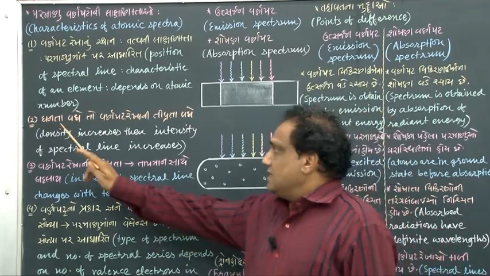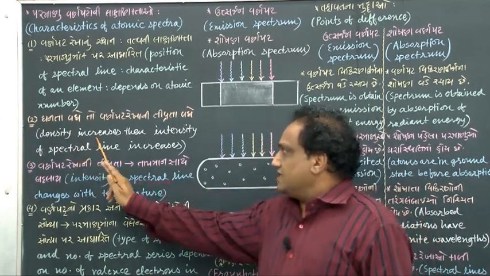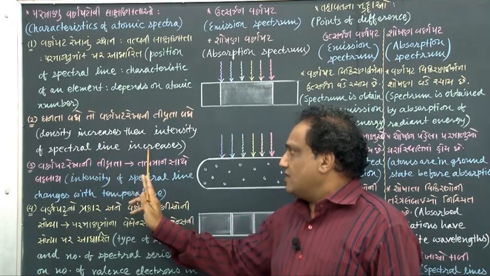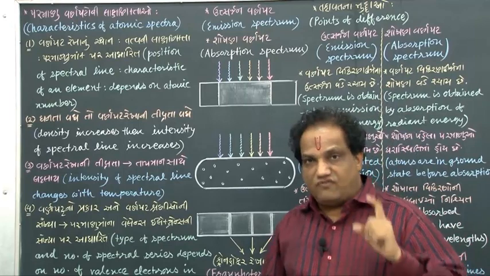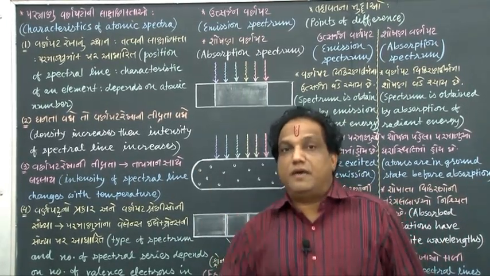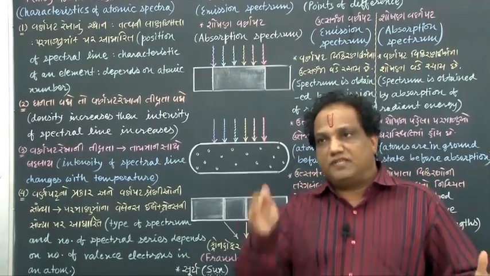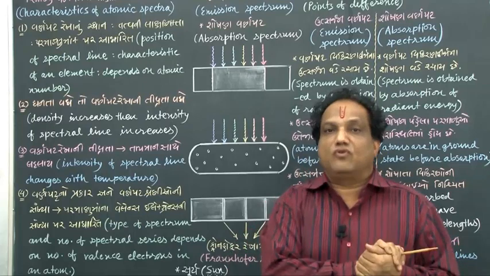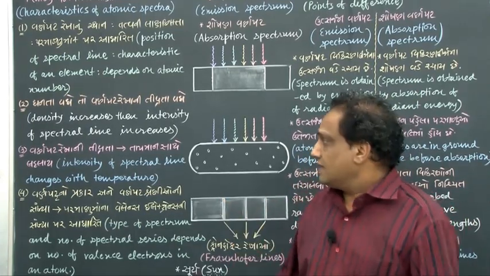Fine. The second characteristic is that as density increases, the intensity of the spectral line also increases. In the discharge tube, if you fill up gas with more density, then all the emitted radiations have more intensity, and that's why the spectral lines obtained on the photographic plate also have more intensity.